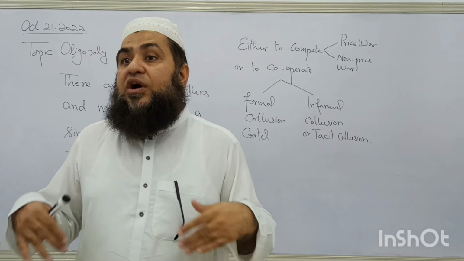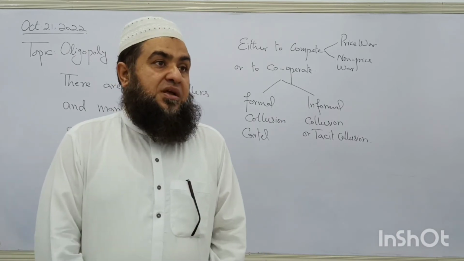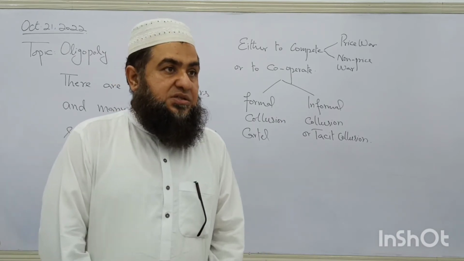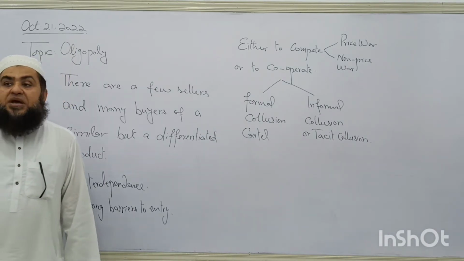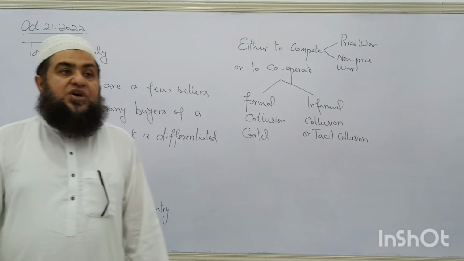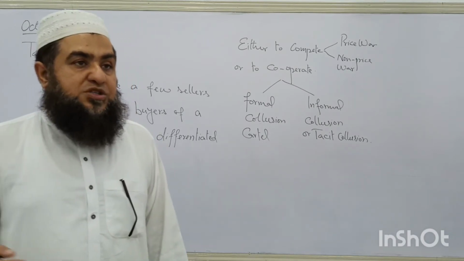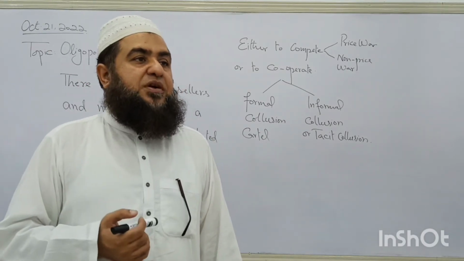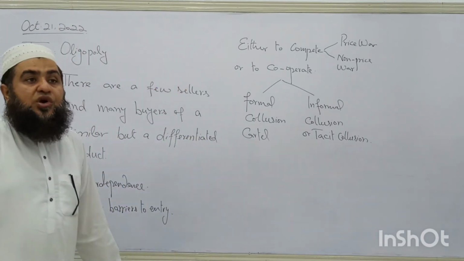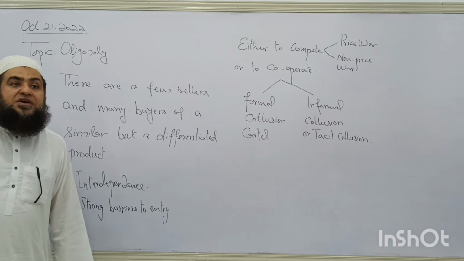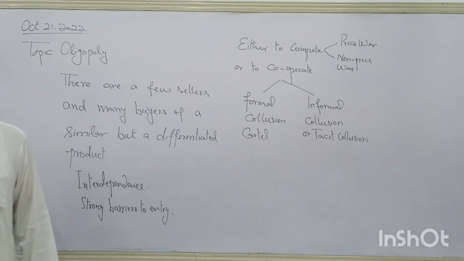Like advertising cost, which can be one of the barriers for new firms to enter, because existing firms are spending too much money on advertisement of their products. If a new firm is going to enter, it has to cross that barrier of advertising the product to the customers.